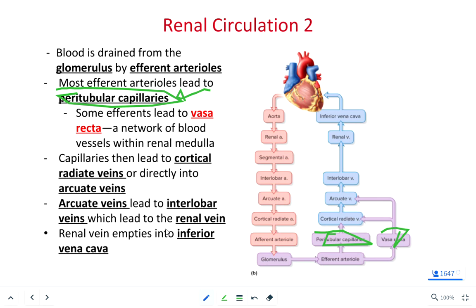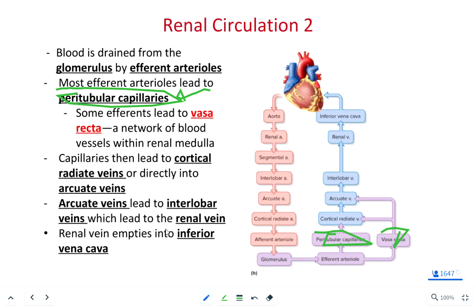From those capillary beds, we're going to go to cortical radiate veins, to arcuate veins, to interlobular veins, all the way back to a renal vein. So the names in this situation, the kidney, make a lot of sense. If you know the name of the artery, you immediately know the name of the adjacent vein.